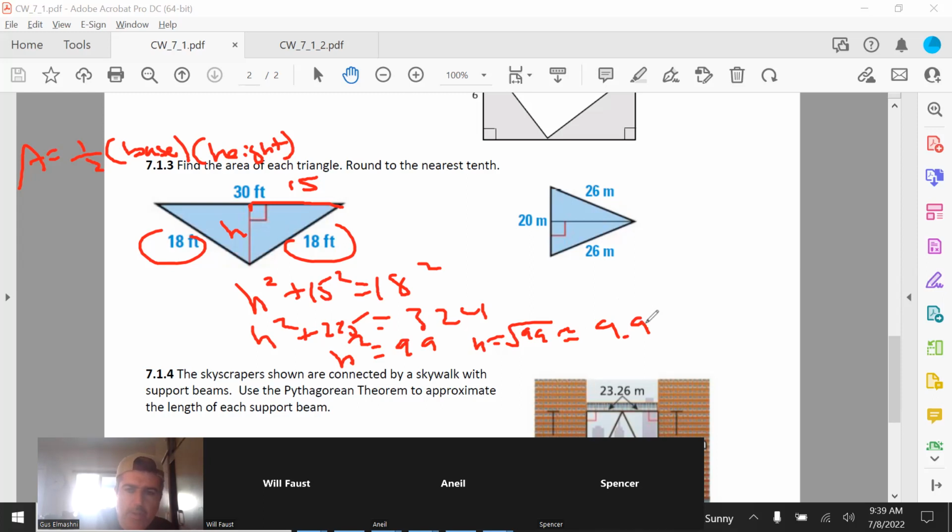Sometimes it might be good to round a little bit more when you have to use it in another calculation, just so your answer is a little more accurate. So 1/2 times 30, that's my base. My height's 9.95. So that's going to be your base, right? Because the height's always perpendicular to the base. And if you multiply that out, you should get 149.2.